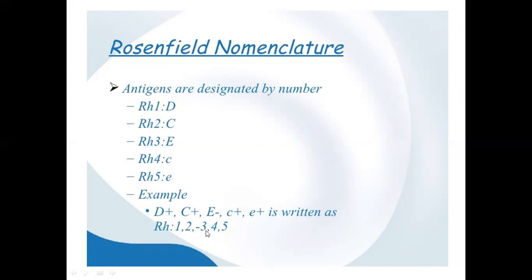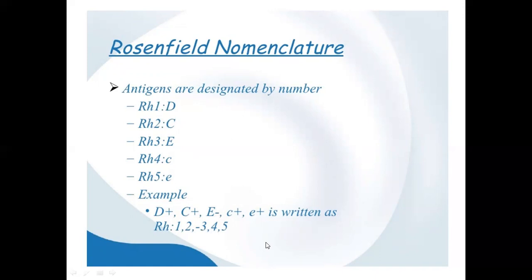So we transcribe it in Rosenfeld. Rh would be +1, +2, -3 tayo because your uppercase E is negative. Then +4, +5 because they're all present. So except for the E, which is noted for number 3, yung notation niya will be negative or -3 since the uppercase E is negative in the example.